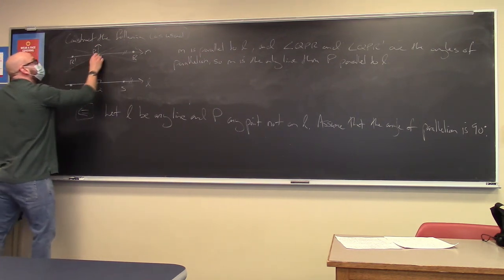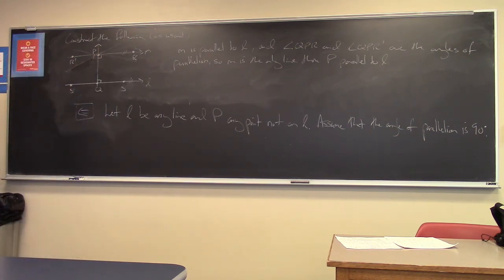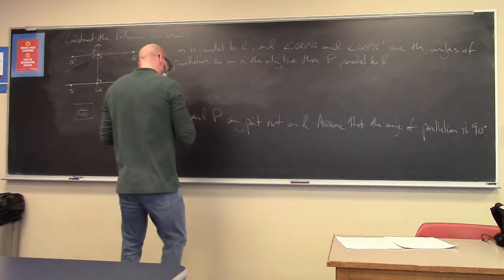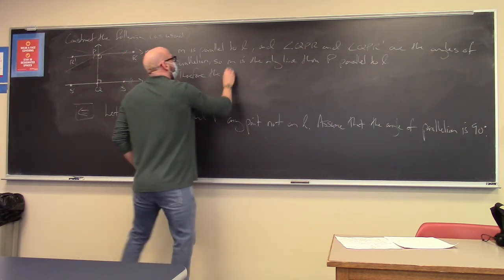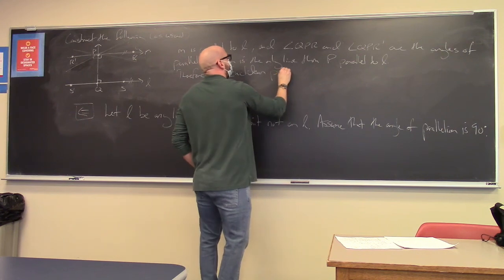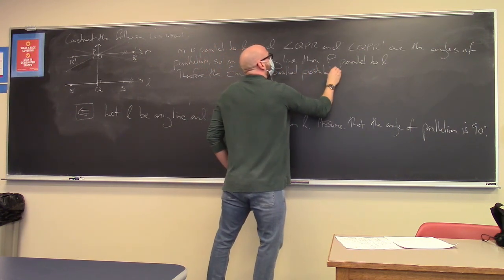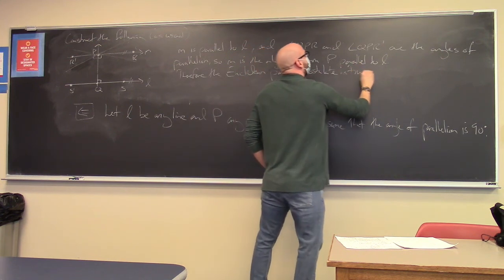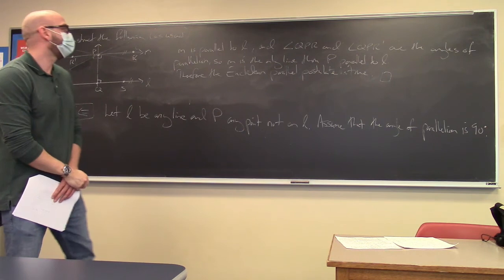And I can't have a line like this, because on this side I'm less than the angle of parallelism, so it's going to intersect. So that is the only one. Therefore, the Euclidean parallel postulate is true. And we've established the result.